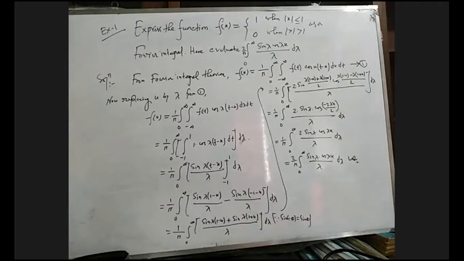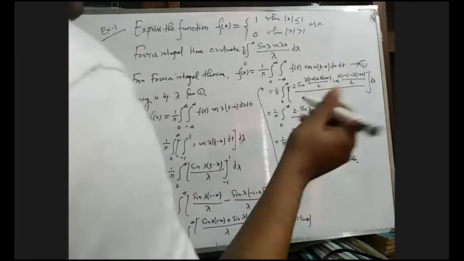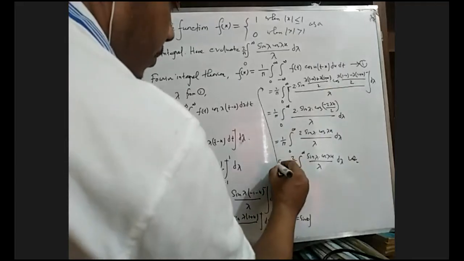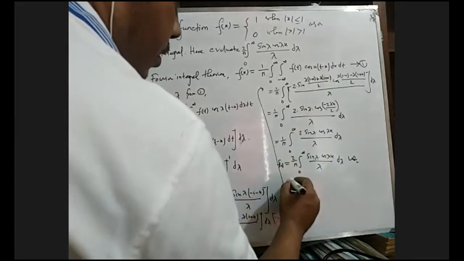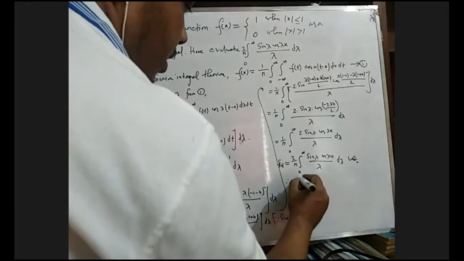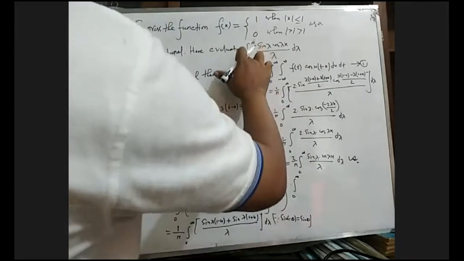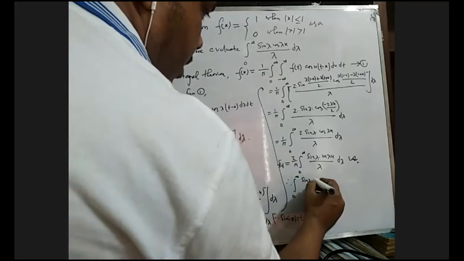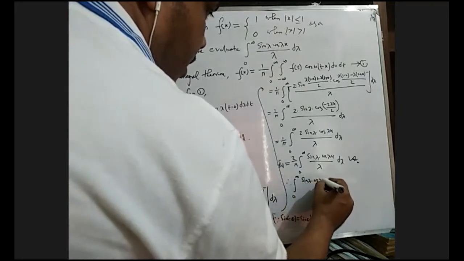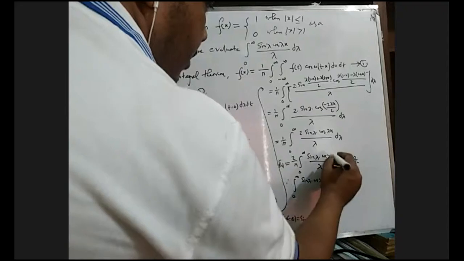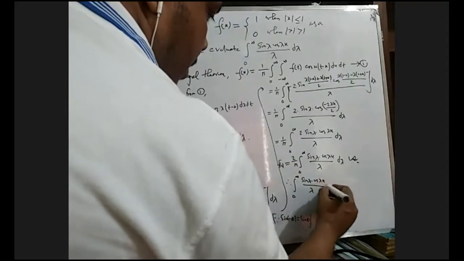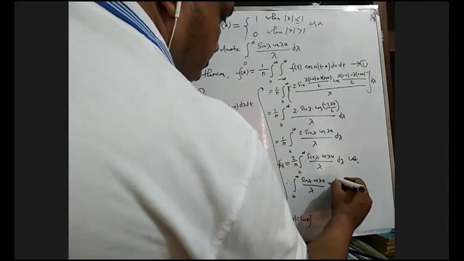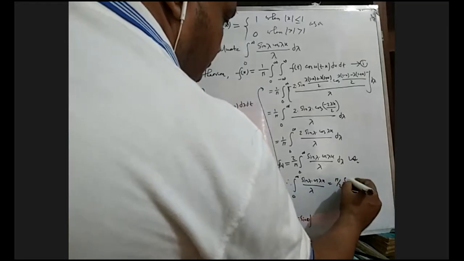This f of x equals, 0 to infinity, sine lambda cos lambda x divided by lambda, equals pi by 2 into f of x.